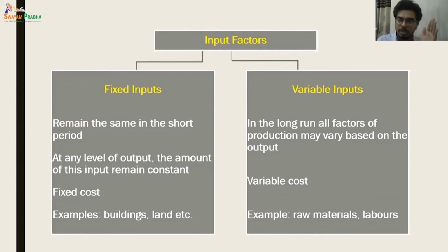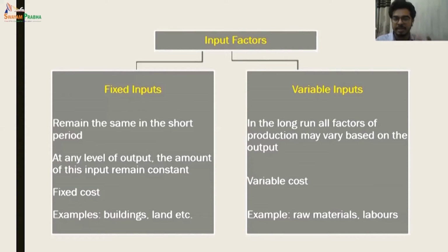Now in short run, like you have decided that you have only one kitchen and two chefs, two cooks to prepare biryani. Yes, you have one kitchen, one stove, and two chefs. In short run, let us assume that the kitchen is a fixed input.